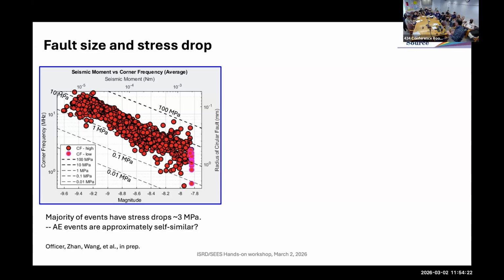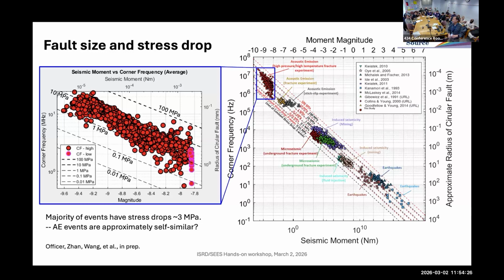You can see this general trend, which goes really well with all these seismic observations from hundreds of kilometer fault sizes all the way down to centimeter fault sizes. In our case, our small event fault sizes are a few microns, and they all show a pretty well defined trend. It hints that even at laboratory scales, the behavior is generally consistent.